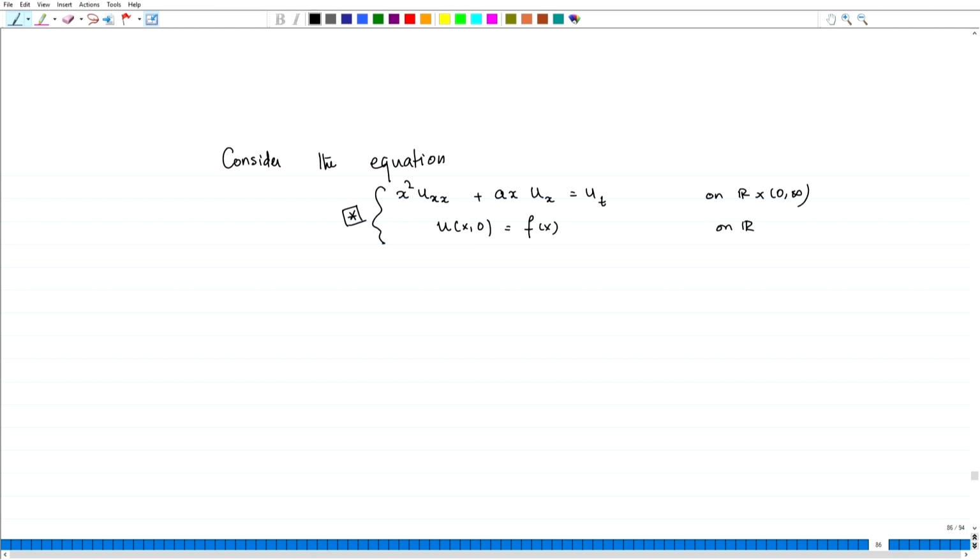Okay. So, now what we do is that we will make a change of variable. This equation is a variant of the heat equation.